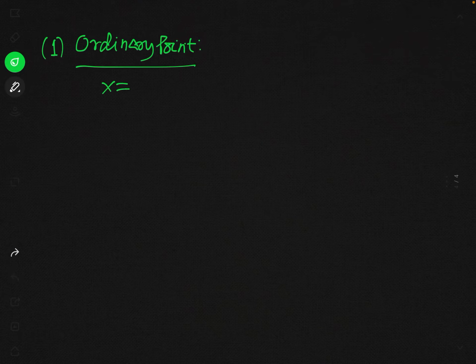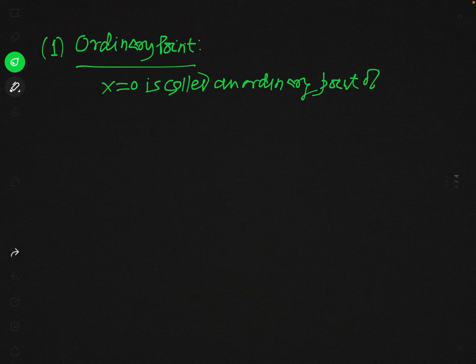Then we call that point x equal to 0 an ordinary point of the equation defined in equation 1.